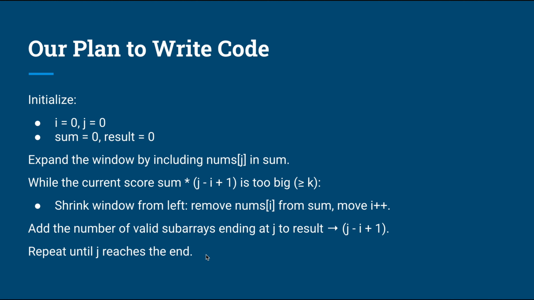Try to go code by code, put in your nums array and k, and check what valid subarrays are coming.